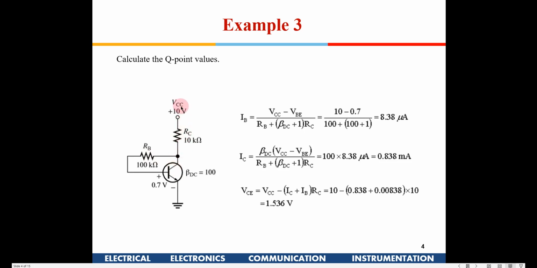So I can write VCC is equal to RC into (1 plus beta) IB plus RB IB, and then plus 0.7 volt. That is the reason I got this equation here, taking IB here. I compute IB, then beta times that will be IC, and VCE will be VCC minus the IC plus IB current flowing through RC. So you get these equations.